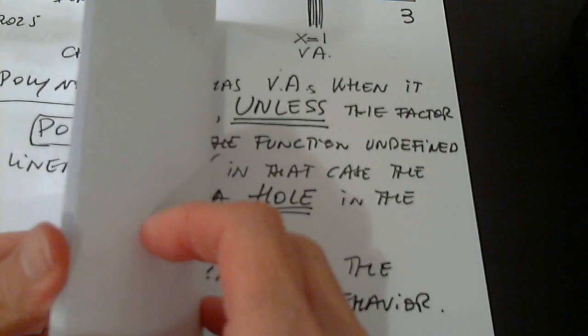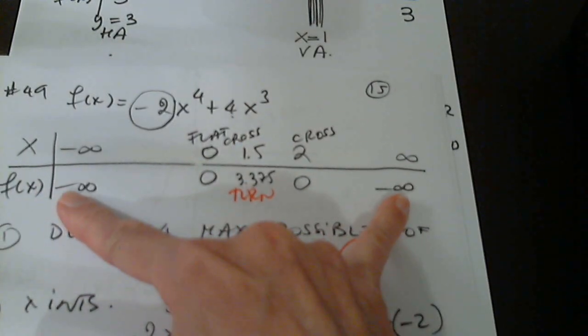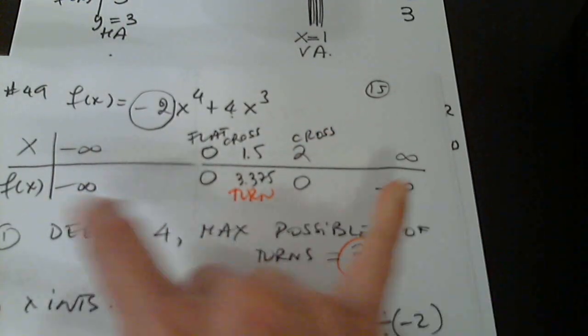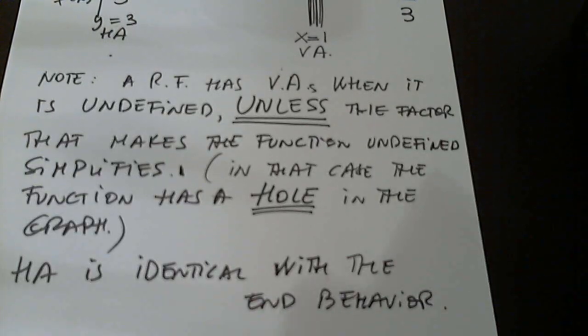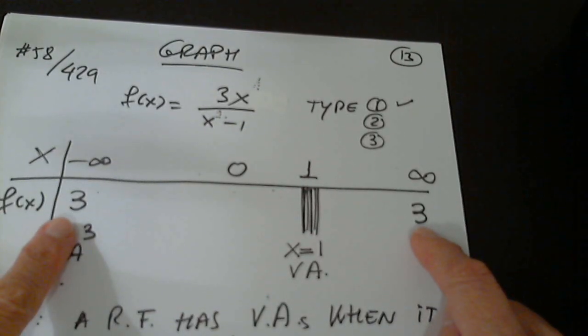I did not throw it in the recycling, if you remember. This was the end behavior for polynomials, because it was a totally different story. This is the end behavior. The horizontal asymptote or slant asymptote is the end behavior of the function that is rational.